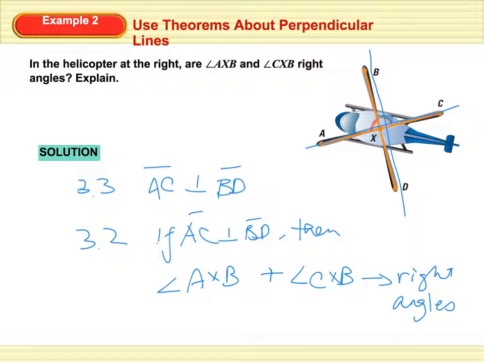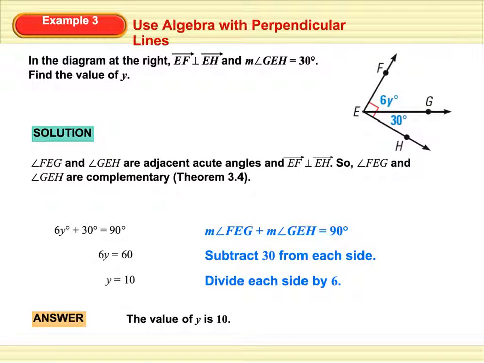I should probably do a better job and write out English before your English teachers get mad at me. So angle AXB and angle CXB are right angles if these two lines are perpendicular to each other. Okay?